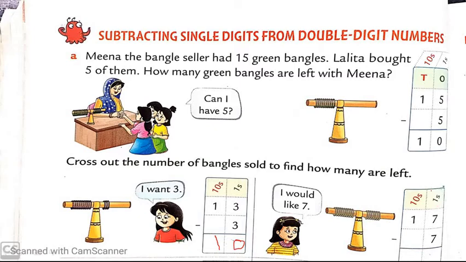As I told you before, where do we start? Definitely we have to start with the ones column. So if you subtract 7 from the number 7, we get 0. Okay. Move on to the tens column. 1 minus 0. Which number will we get? Yes, we get the number 1.